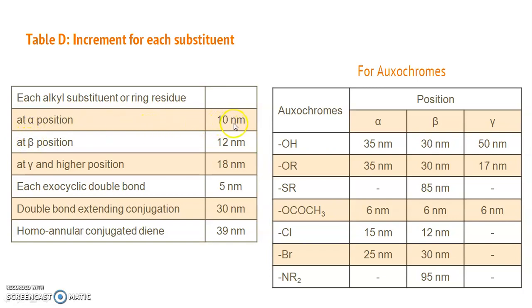If it is at beta position, we assign 12 nanometer. If it is at gamma position or higher, we assign 18 nanometer. Any alkyl substituent or ring residue present in these three possible positions gets the corresponding value. For each exocyclic double bond, we assign 5 nanometer.